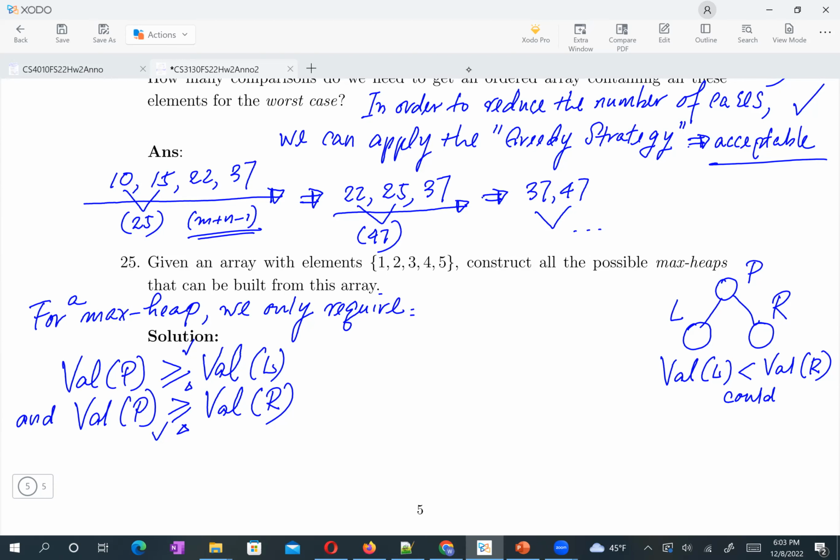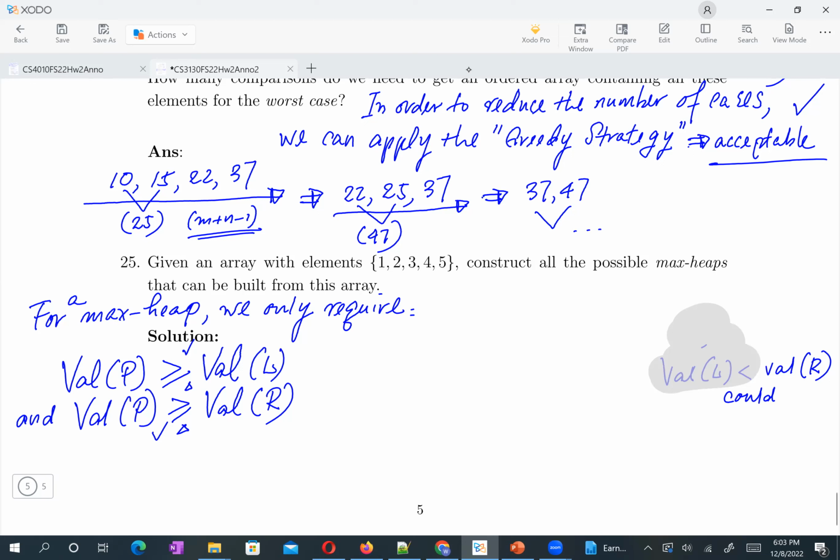Here, I'd like to have a little more space. Can I erase? Let me erase the old thing, because at this point that old part is not important.